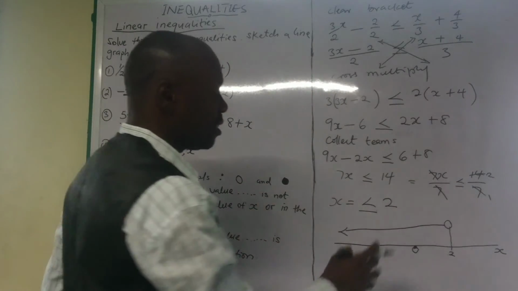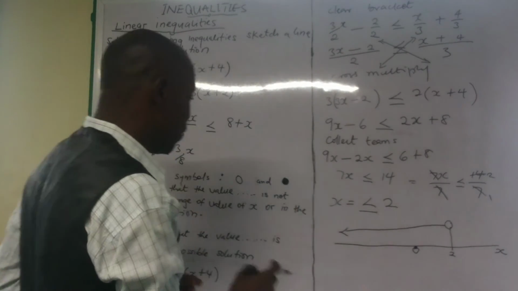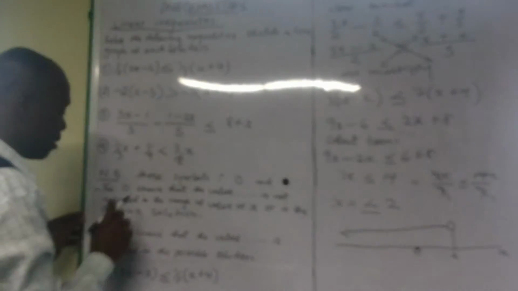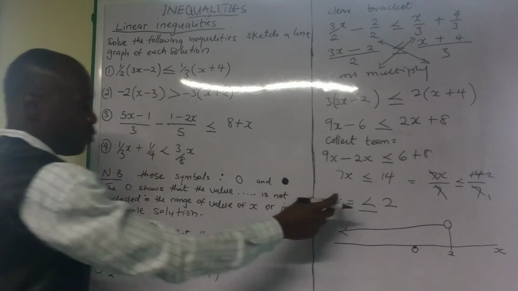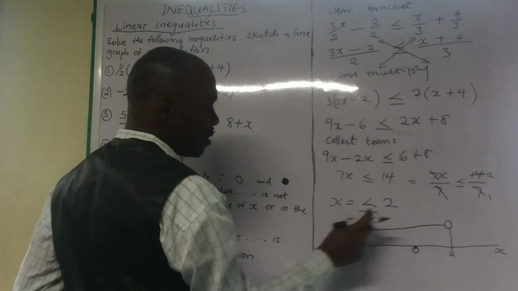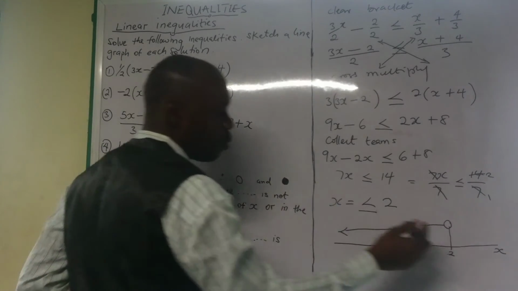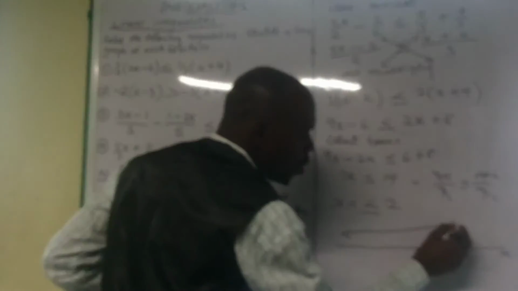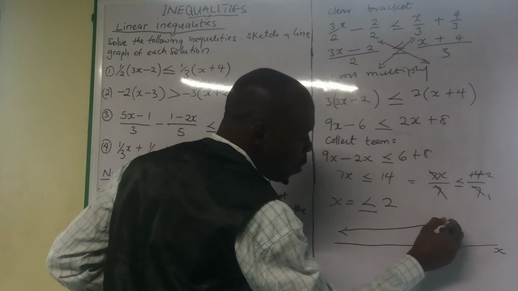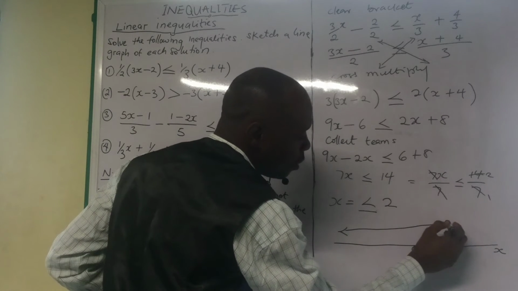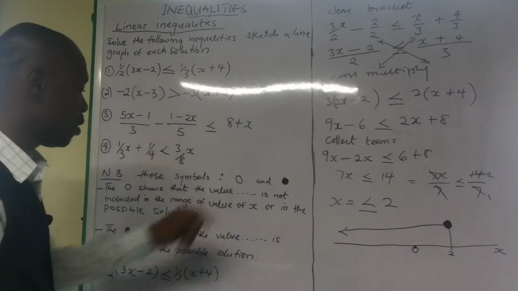So there is a graph for this, and we can only put it like this. So far it is equal to, we pick the second one, this thing we will shade, it's going to be a thicker one. It's not this one, it's this.